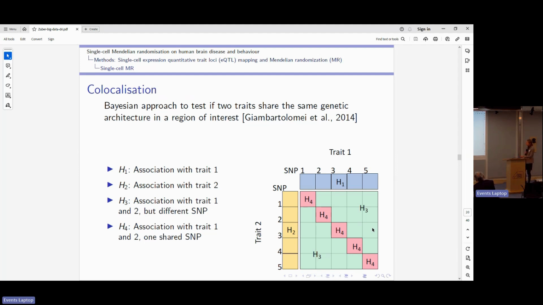The second one is that there's only an effect in trait 2. The third one says that there's an association with both traits, but these are different SNPs. Well, the hypothesis H4 that we're actually interested in says it's exactly the same genetic variant that is causative for trait 1 and for trait 2.